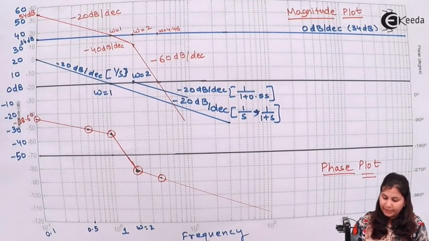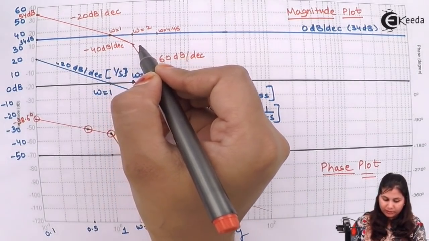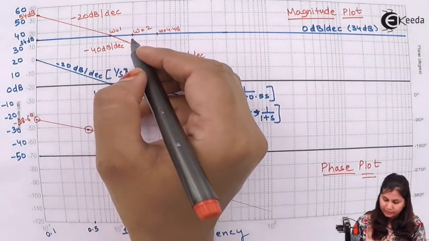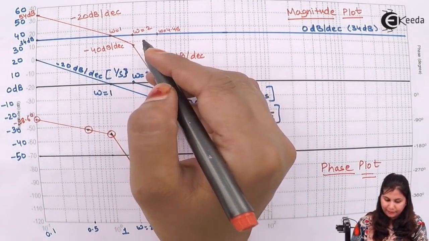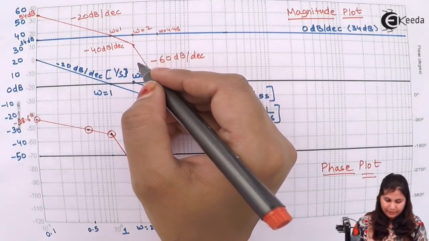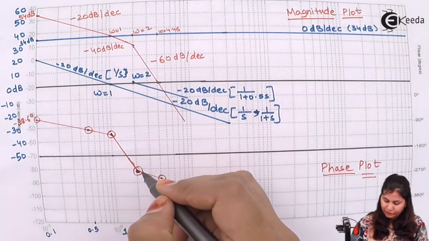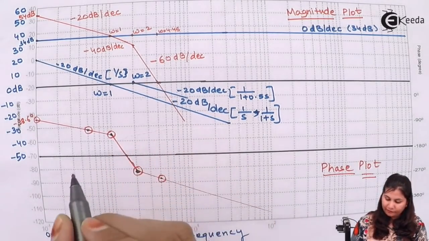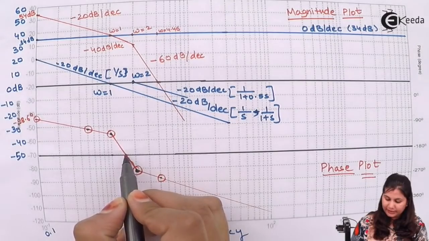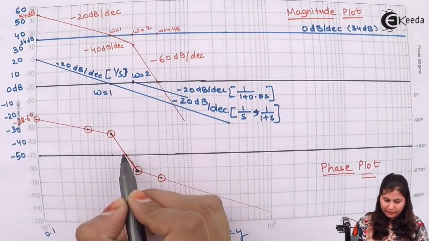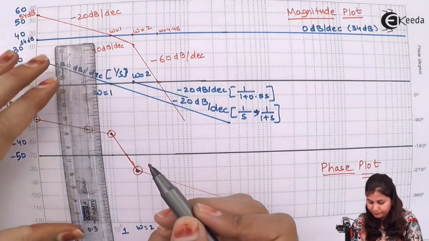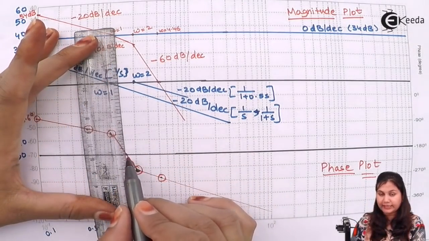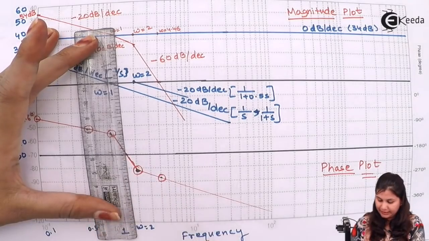Now, the gain margin is calculated at the frequency at which this phase plot is intersecting with the minus 180 degrees line.